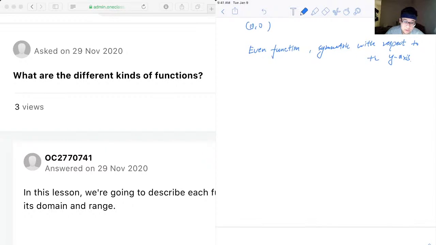And the absolute minimum happens at x equal to 0. The graph should be something like this.